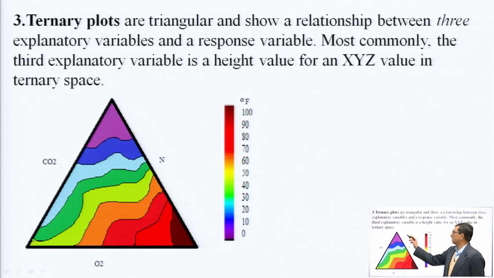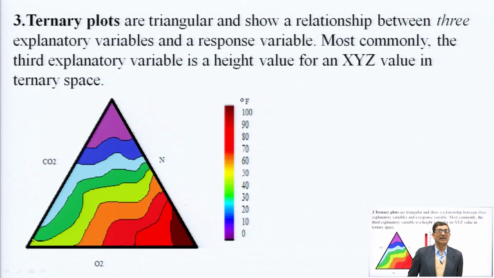For example, here there are three components: carbon dioxide, nitrogen and oxygen, and the height shows the temperature, as the color changes from 0 to 100 degrees Fahrenheit in this example. So, we can measure the temperature on the basis of these gases.